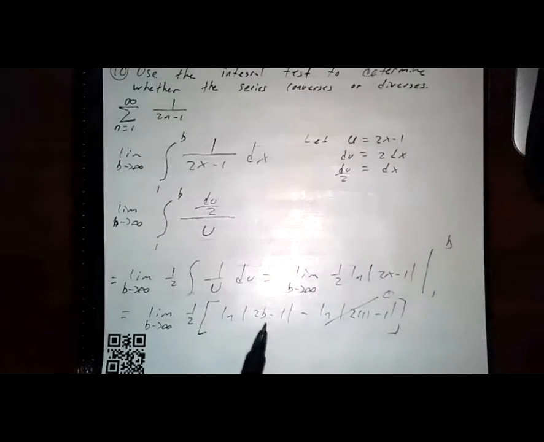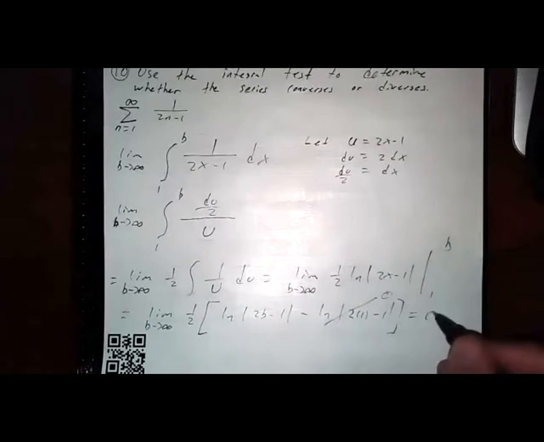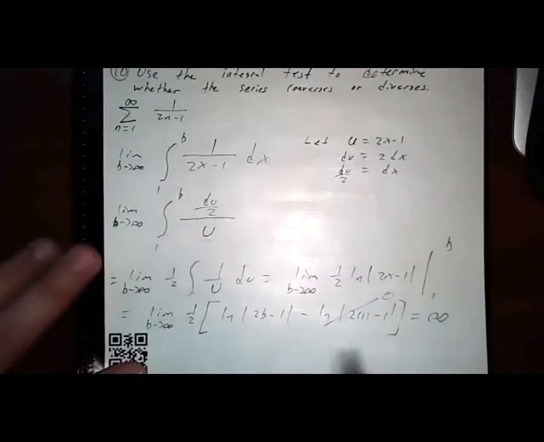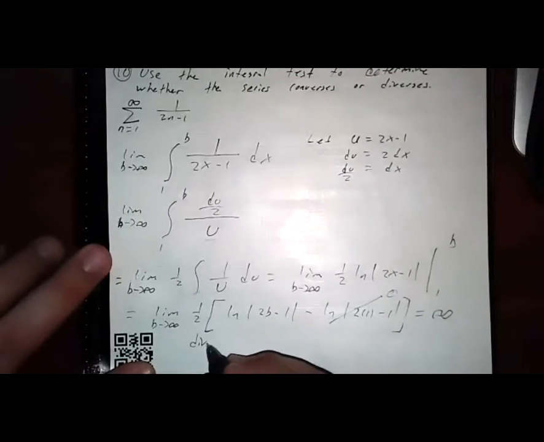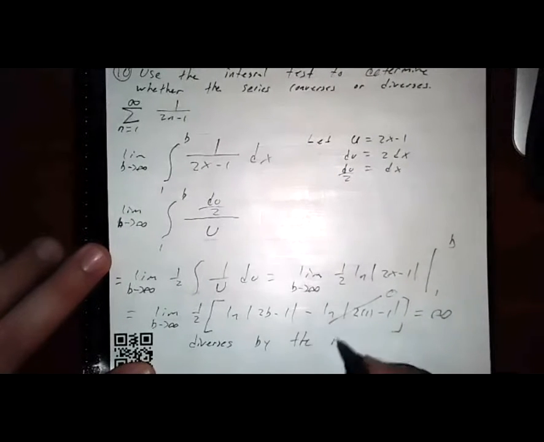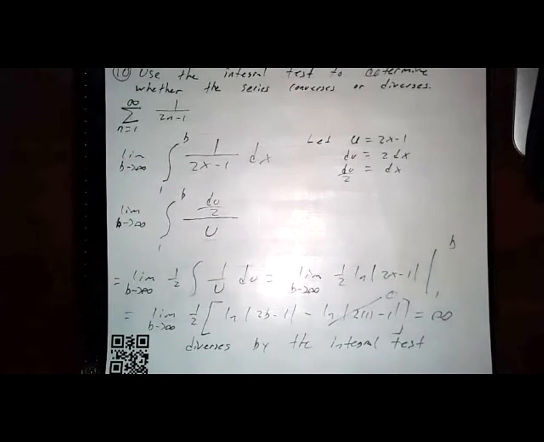But the first one is going to be infinite. And when that happens, well, we do not have an area, right? If we don't have an area, this diverges by the integral test. Are there any questions on number 10?